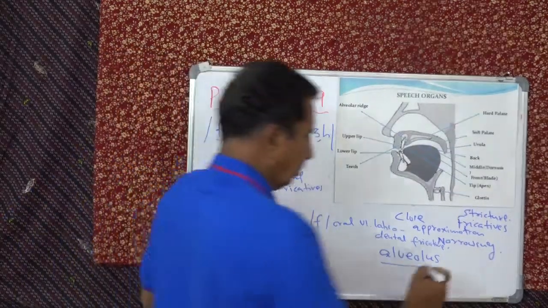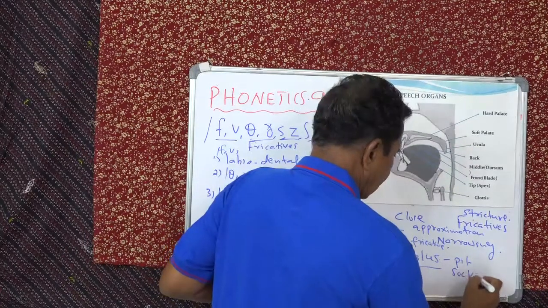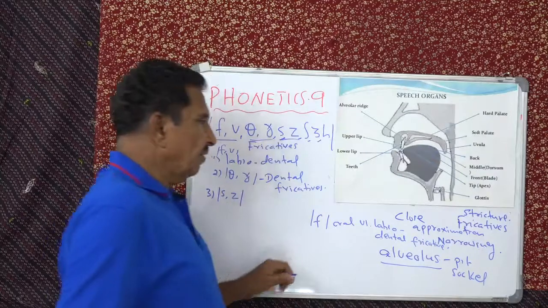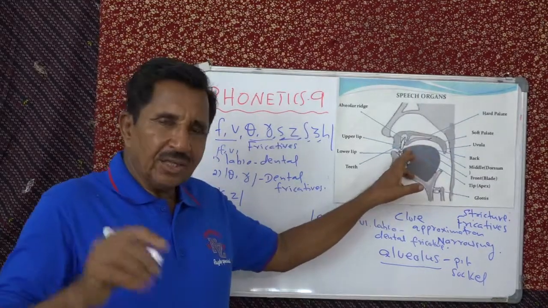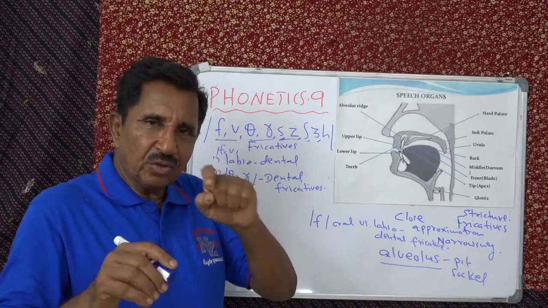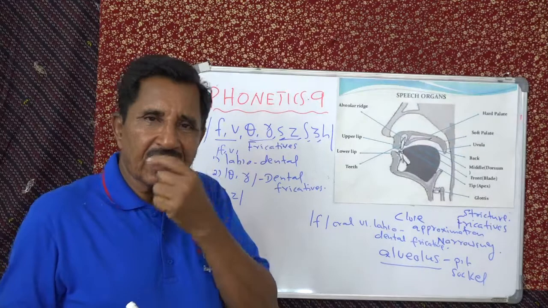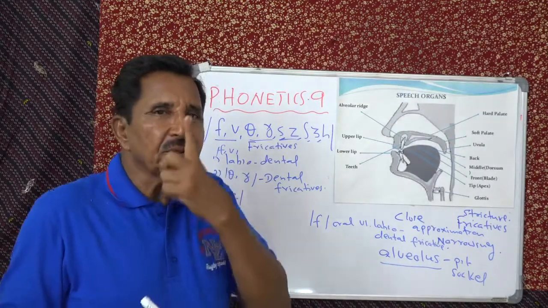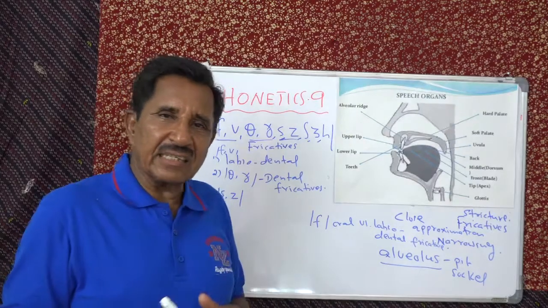Alveolus simply means pit or socket. So alveolar is the place where the tooth is fixed. There is a pit here in the gum, and the tooth is fixed there. That's why it's called the alveolar ridge.